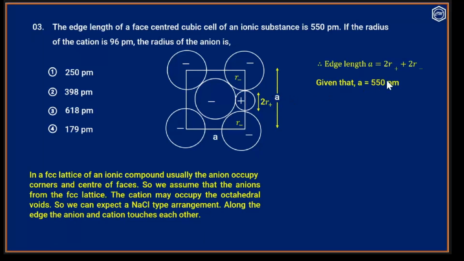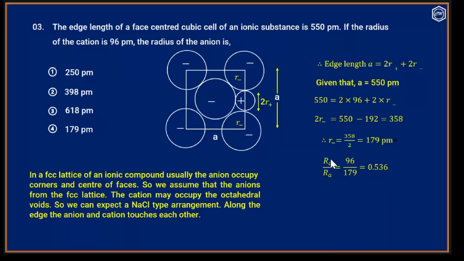Edge length A is equal to 550 picometer. So 550 is equal to 2 into R plus. R plus is given, that is 96 picometer, plus 2 into R minus. R minus is the radius of the anion. Therefore 2R minus is equal to 358. Or R minus is equal to 358 by 2, that is 179 picometer.